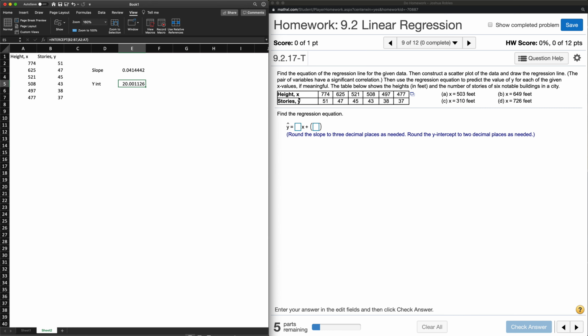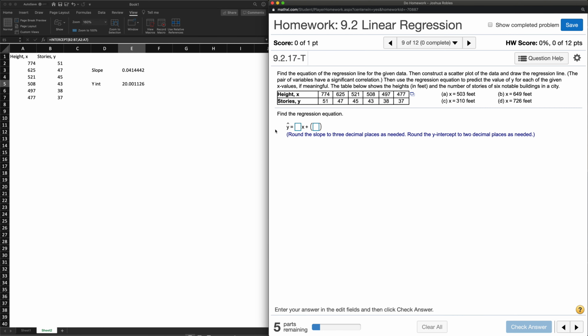The x value of 0 would mean that the height would be 0. There are no buildings with a height of 0, so they wouldn't have 0 stories. That doesn't quite work out here. Also, the x value of 0 is way outside the range of our x values. Only if it's inside the range of our x values can we attempt to use it. Otherwise, we have to be very careful about how we would think about what this might mean.